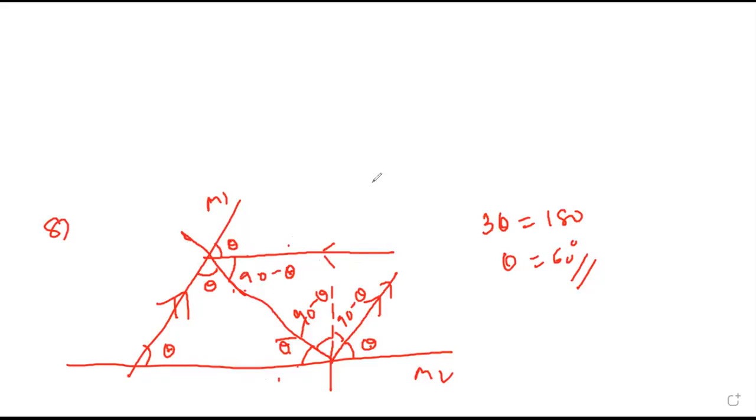One second, it is not on top of this line, it is slightly this way. This is the normal drawn this way, not this line. So this angle is 90 minus theta. So reflected will also be 90 minus theta. Therefore this is theta.